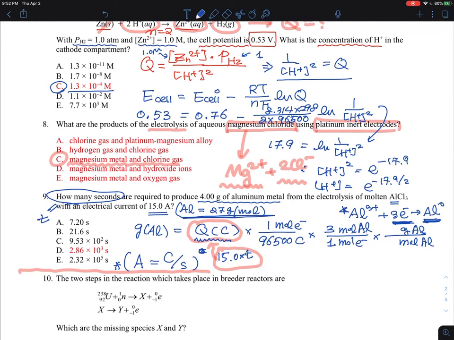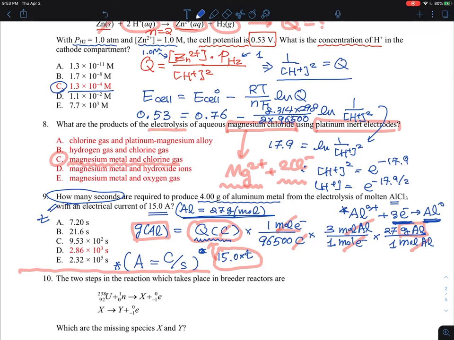Right here: 1 mole weighs 27 grams. So starting from the Coulomb, I generate moles of electrons using the Faraday constant, then moles of electrons go away and you generate moles of aluminum, which goes away, leaving grams of aluminum. And that's the one that we wanted in the first place.